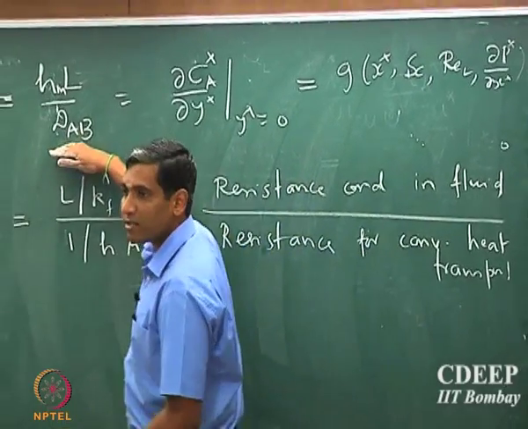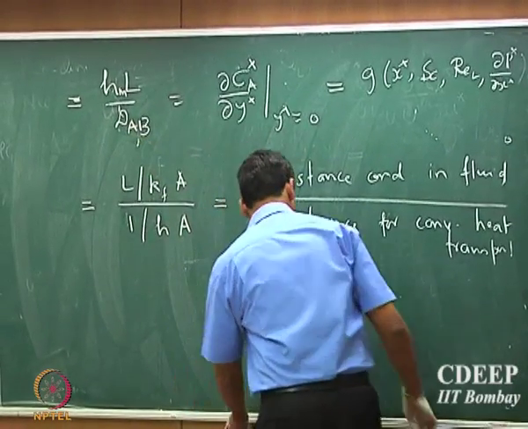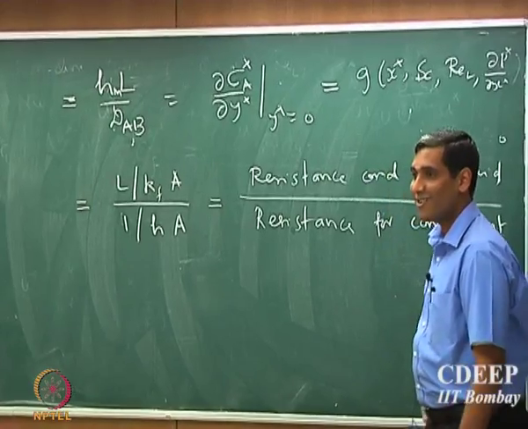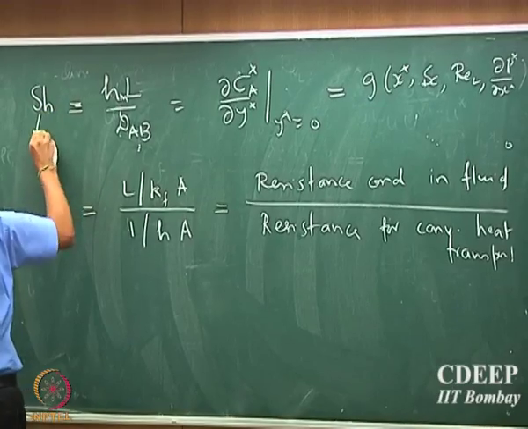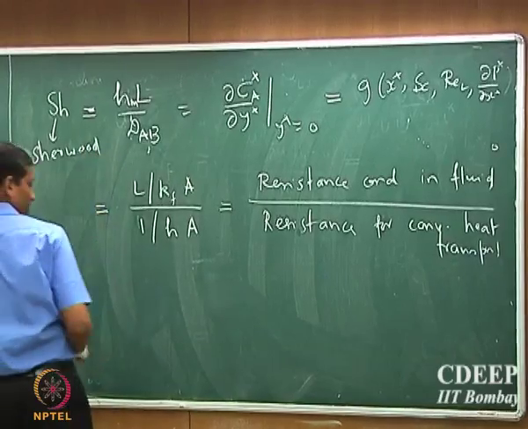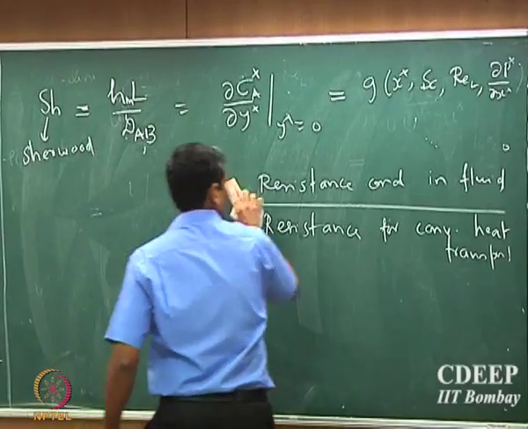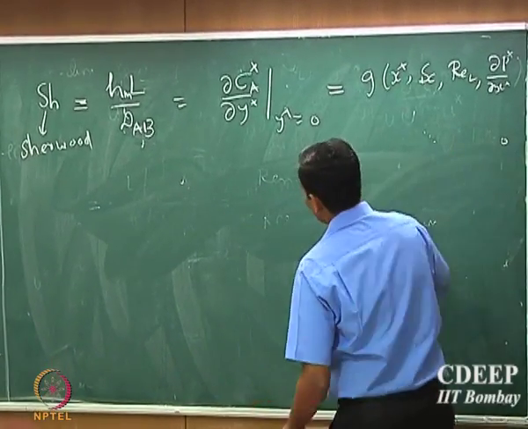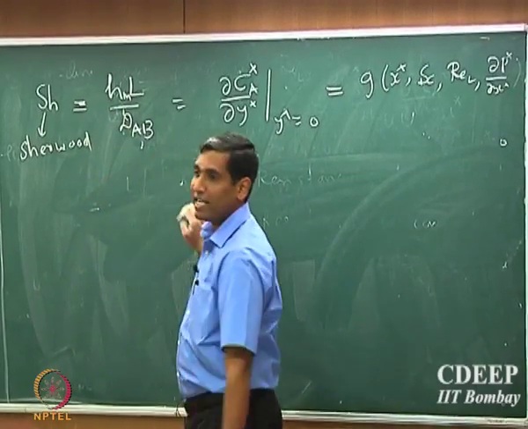What is this number called? This is called the Sherwood number, if you have not heard of this. It's the Sherwood number, which is Hm into L by DAB.